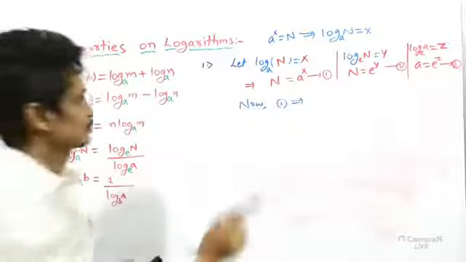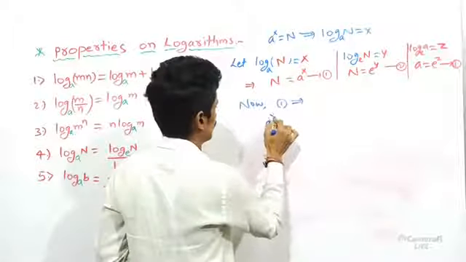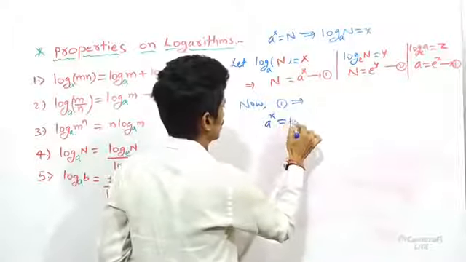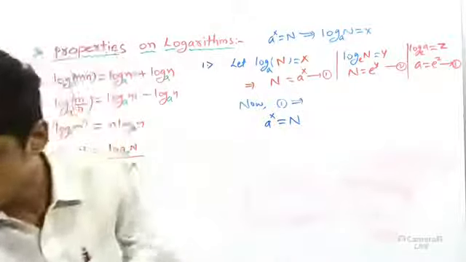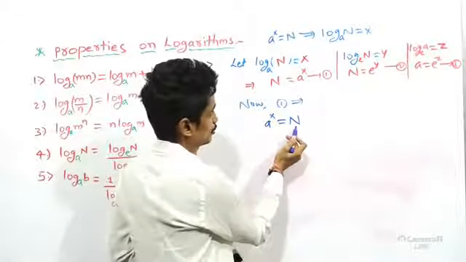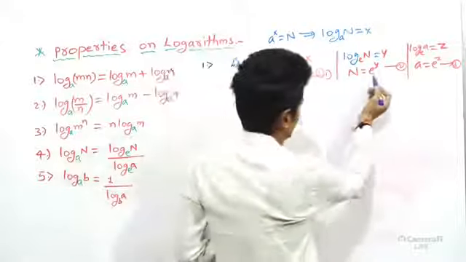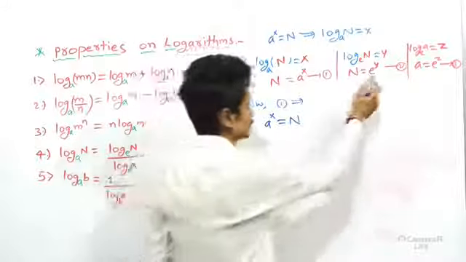Once again, equation 1 implies that, what is equation 1? That is a power x is equal to n. How to simplify this one? It's very simple. That is a power x equal to n means, here look at n value we have e power y. What is n value? E power y.